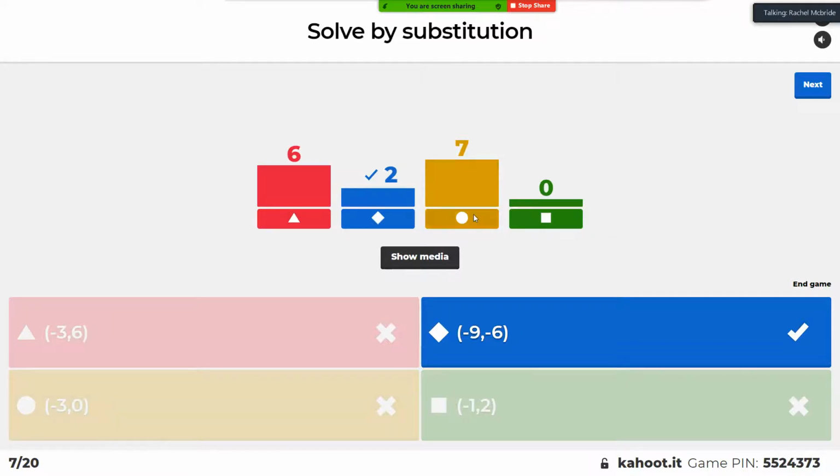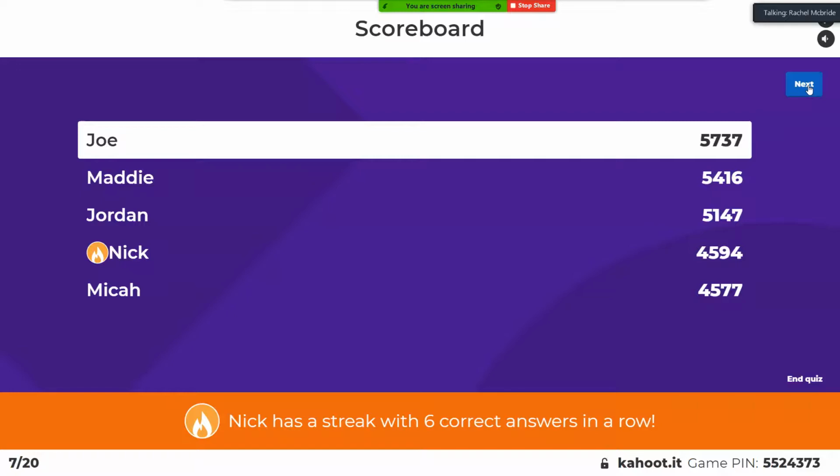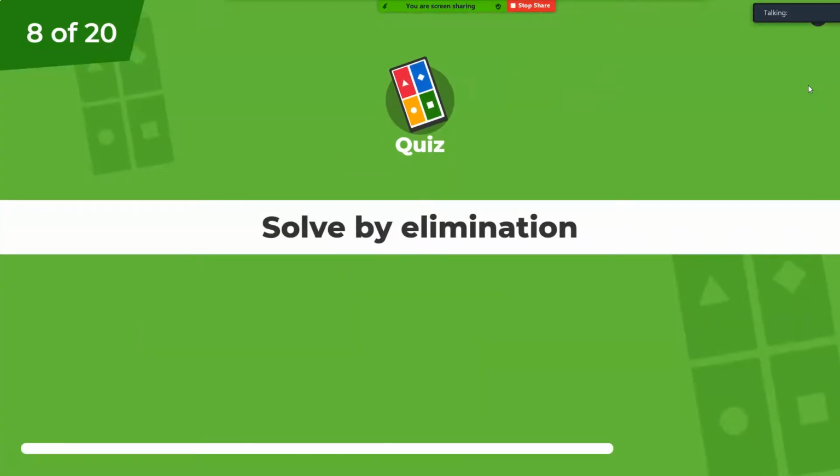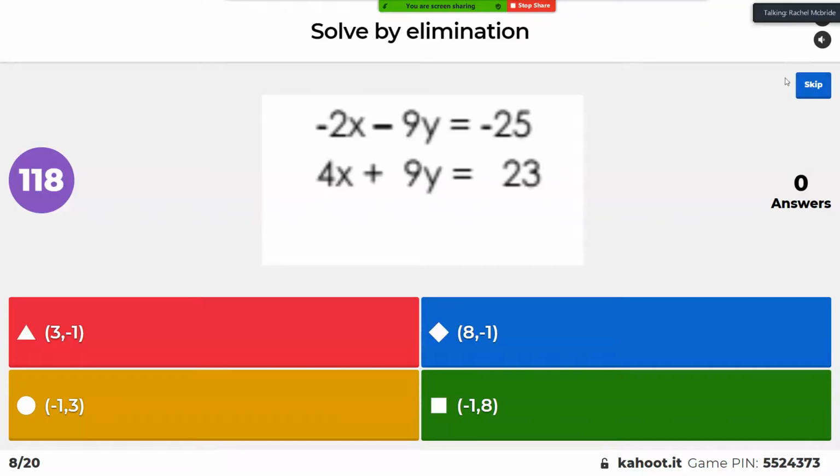So you 7 right here will get self-corrected. I will correct these 7. Sorry if you're blue, you're going to actually lose. I must have, when I typed it in, clicked it. I'm sorry. Yeah, I got it right. I got to remember what number that was to fix that.